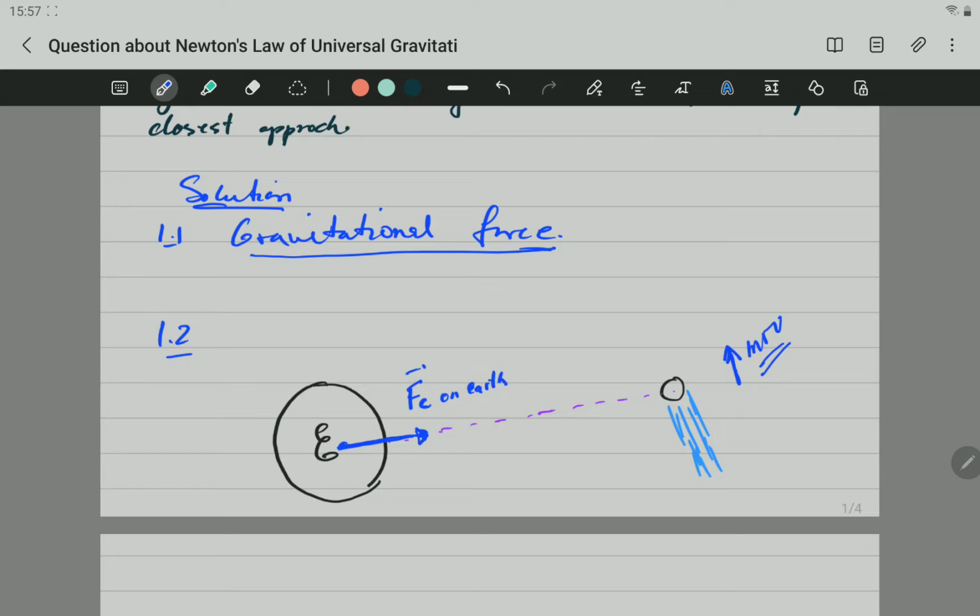And the Earth is pulling the comet toward its center with a force that we call the force from the Earth on the comet. These forces are equal in magnitude and opposite in direction. This is Newton's third law. The Earth is pulling the comet toward itself, and the comet is pulling the Earth toward itself. The forces are equal.